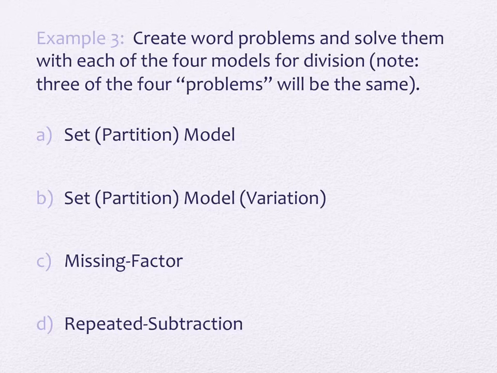Okay, so now I made mention of this when we talked about set partition, that we were controlling how many groups we had. And when we did part B, we were controlling how many people are in each group. So think about it when you talk about numbering people off in a class, right? You number people off in a class, you control the number of groups you have. But if I want to control how many people are in each group, I can't have you guys count to 10 and number off, right?